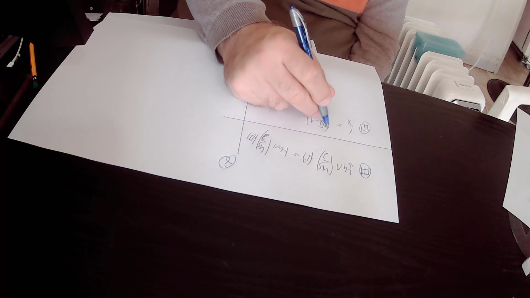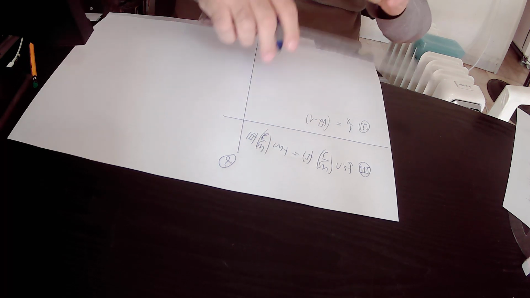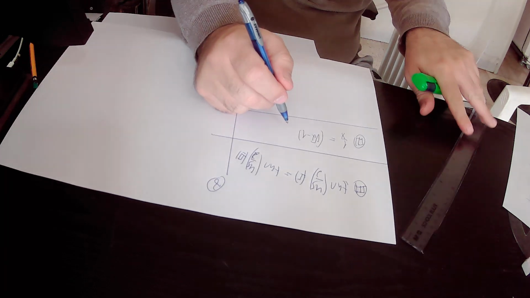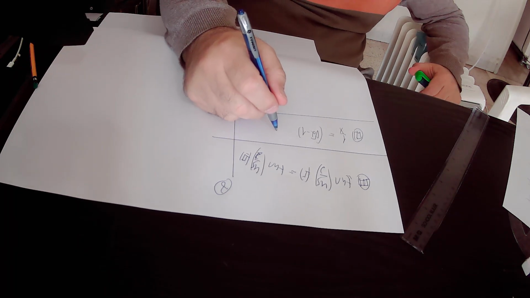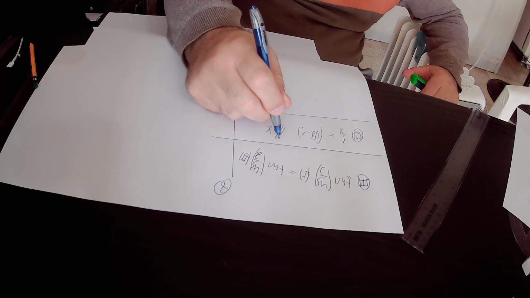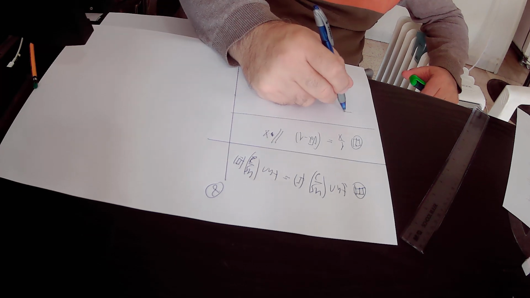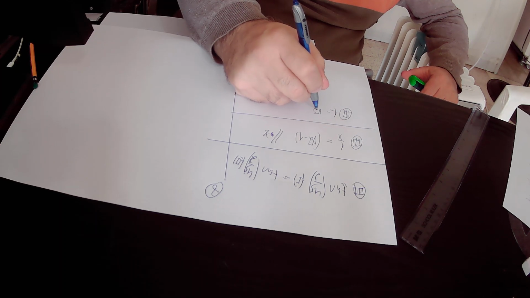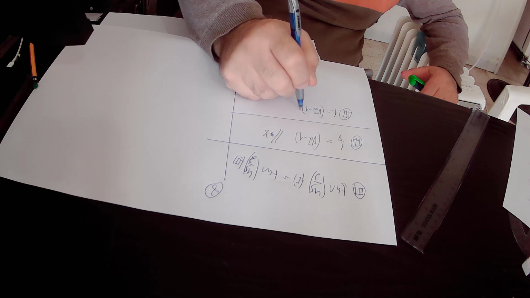So we find that according to equation number 3, 1 over x equals the square root of 2 minus 1. Here we multiply equation number 3 by x, and get that 1 equals the square root of 2 minus 1 times x.